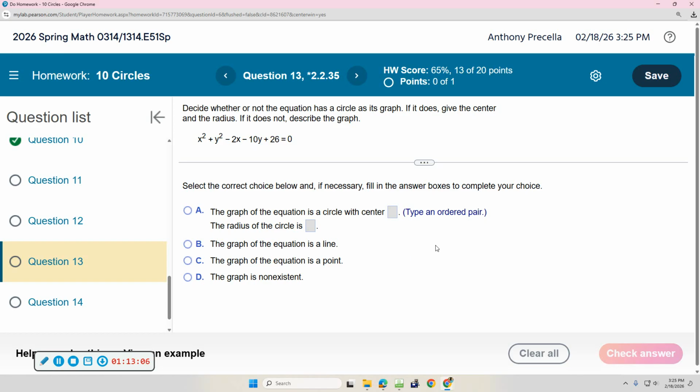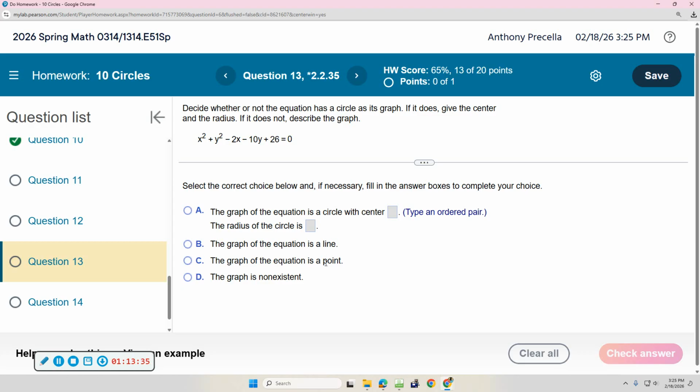Look at this. It says decide whether or not the equation has a circle as its graph. I never like these instructions because it makes it sound like you're just supposed to look at it and tell. You can't tell if this is a circle or not until you write it in center-radius form. If the number on the right is a 0, then it's a point.